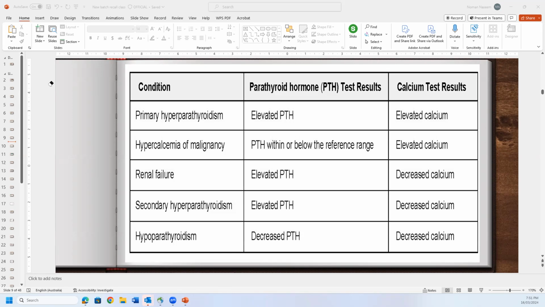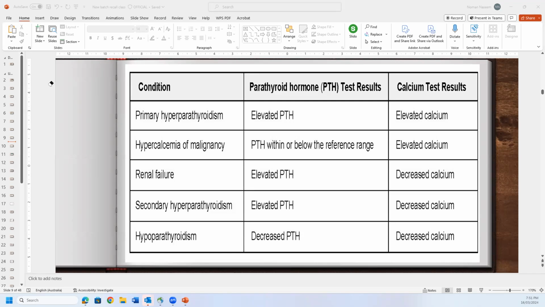In hypercalcemia of malignancy, because malignancy always has a high calcium component, parathyroid hormone is not secreted, or it's going to be a bit depressed because of the elevated calcium level in the body by a negative feedback mechanism.